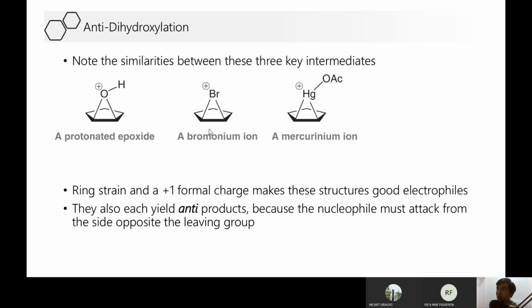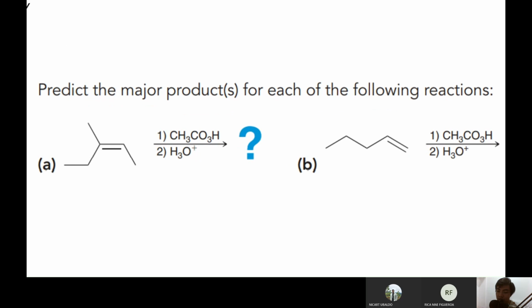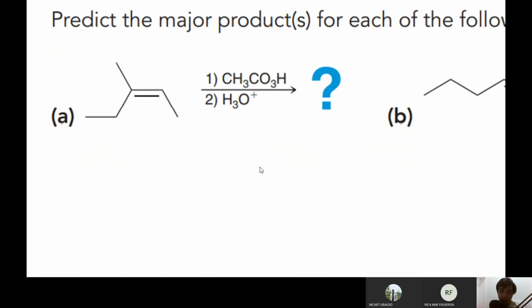So ito yung ating mga intermediates, and this one, the mercurinium ion, which is an intermediate of the oxymercuration-demercuration reaction. Okay? So lahat 'yan magfo-form ng anti-products. Okay, yun lang. Okay, so let's try to predict the products for each of the following reactions, no?